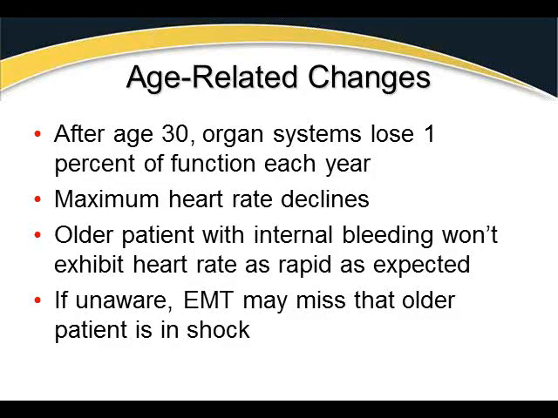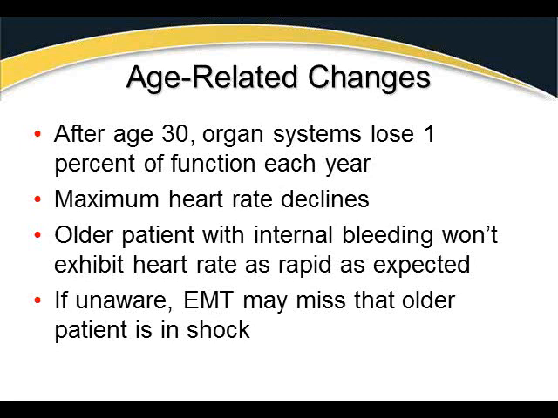Okay, so some age-related changes. There are lots of these listed in the text, and I would like to point them out to you, particularly on pages 932 through 934. A couple of highlights: after age 30, people are generally considered to have bumped over the top of their maximum efficiency, their prime condition, and then they start to degenerate.